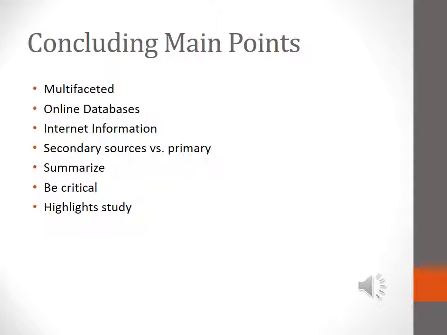Summarize the articles well, but also be critical of what the limitations and the benefits are in the literature and in the articles that you read, and highlight the study and what new information it offers. Also, one of the things that will help is the Creswell text, and the chapter on literature reviews will help you in doing your assignment and also formulating a literature review for your research proposal.